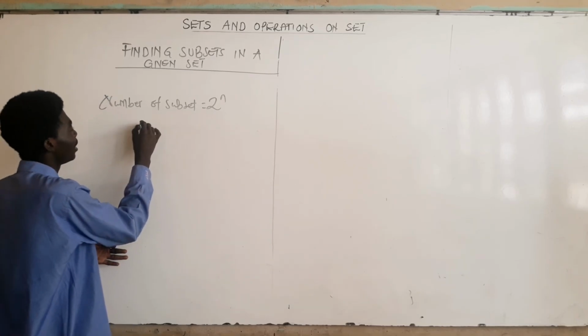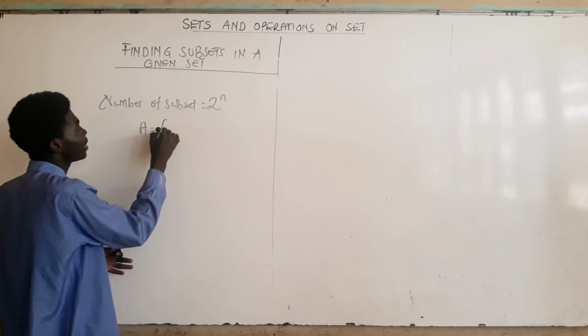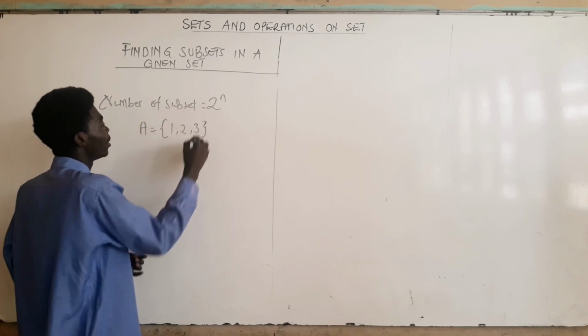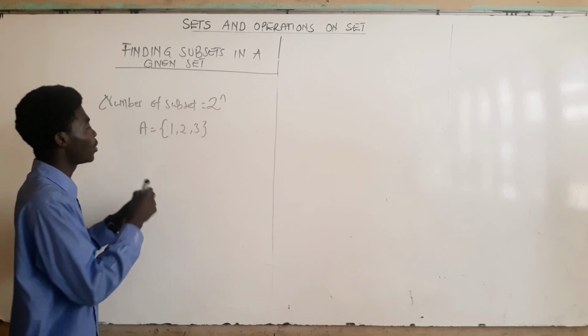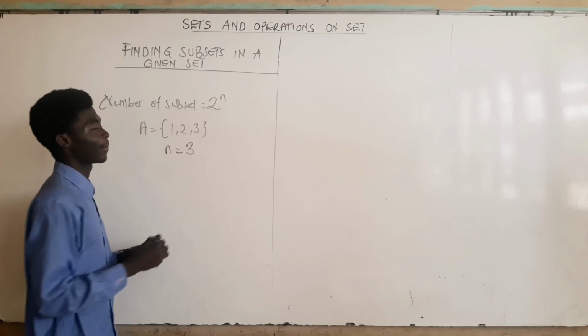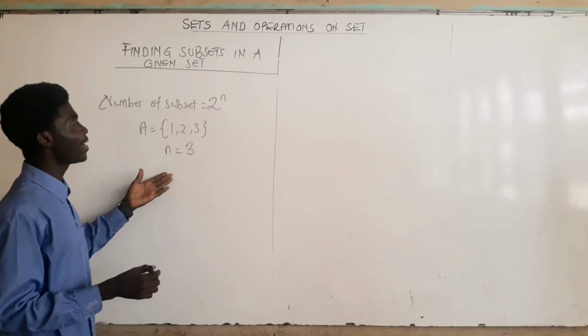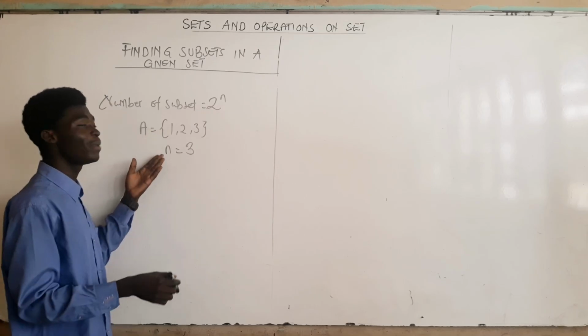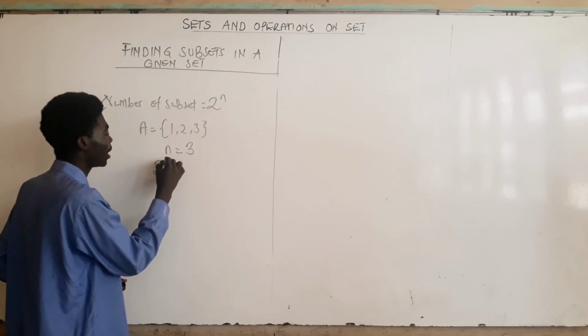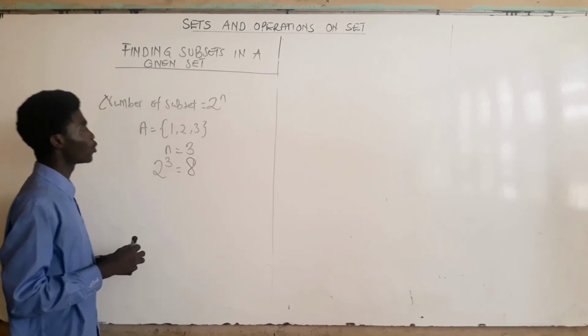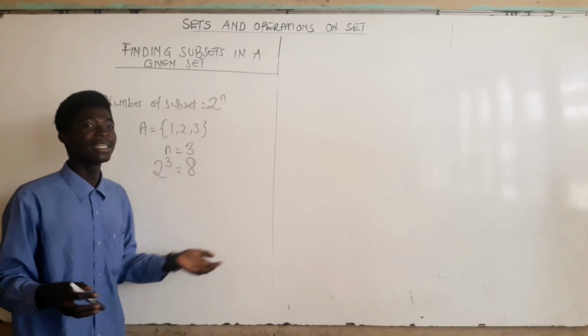For example, let's say A contains 1, 2, and 3. So A contains only 3 elements. So the n here will be 3. You replace n with 3 in the formula, so it's going to be 2 raised to the power 3, and that is 8. So this set contains 8 subsets.